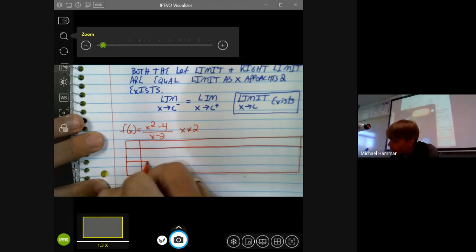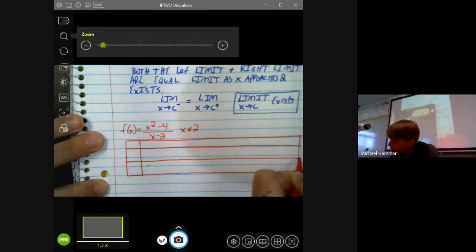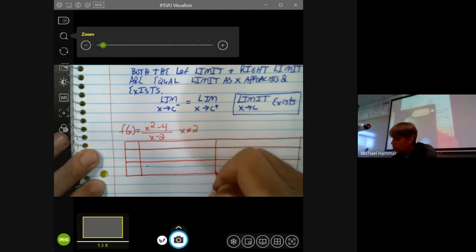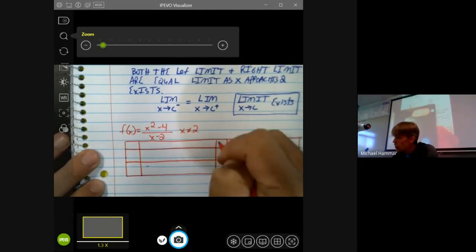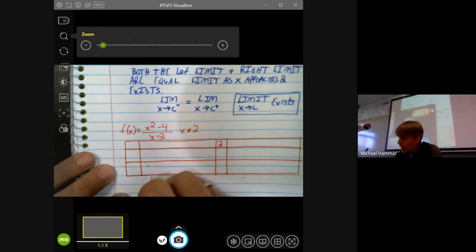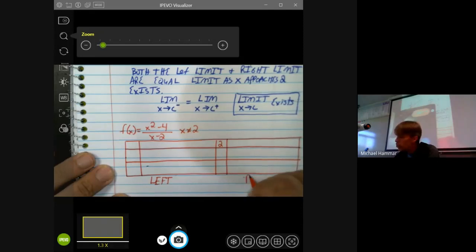So here is our table of values. And what we're going to do is approach 2 from the left, and we're going to approach 2 from the right.